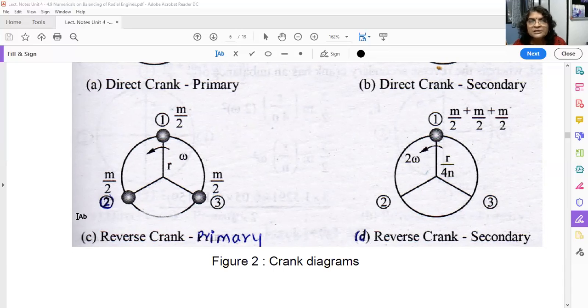If you resolve this into 2 components, this is horizontal component, this is horizontal component, this will balance with each other. Then this is vertical component, this is vertical component which are at a certain angle. See, this angle is 30 degree. So this sine component plus this sine component will be balanced by this component. So there will be 0 unbalanced force for the primary reverse crank.